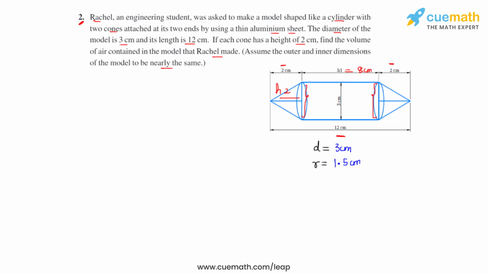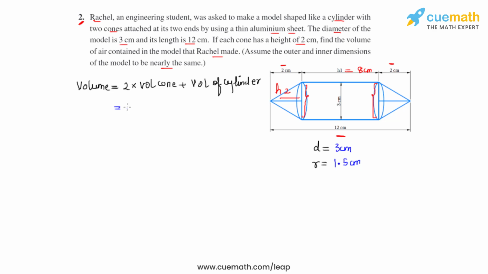Now to find the volume of the model, we know that the volume will be equal to the sum of the volumes of the two cones and the cylinder. So we write it as 2 times the volume of cone plus the volume of the cylinder. Now we will substitute the formulas for each of these.